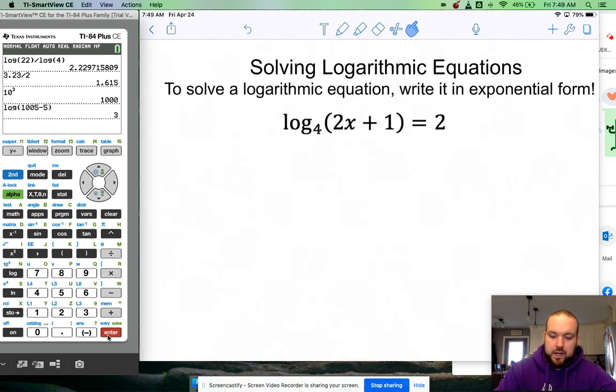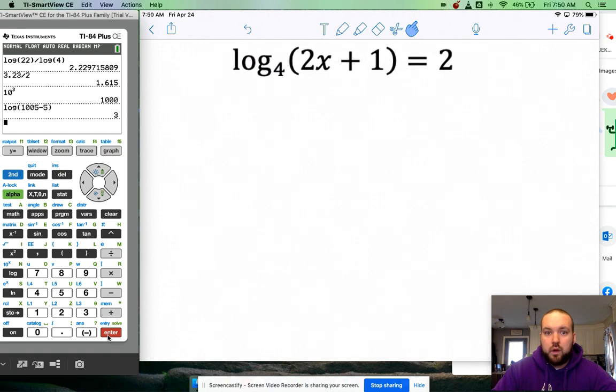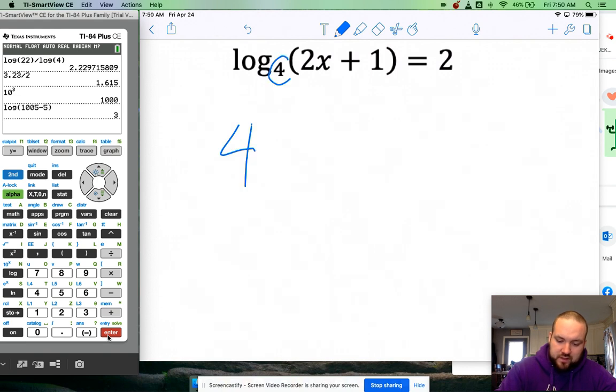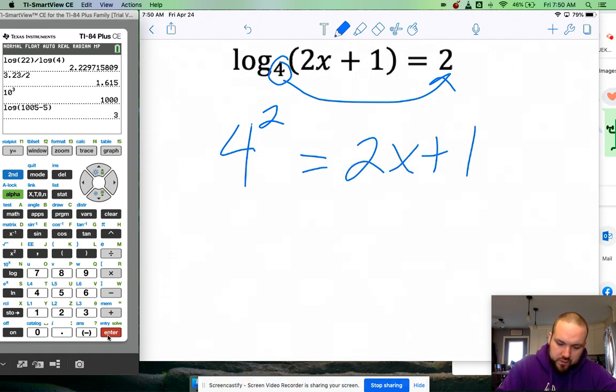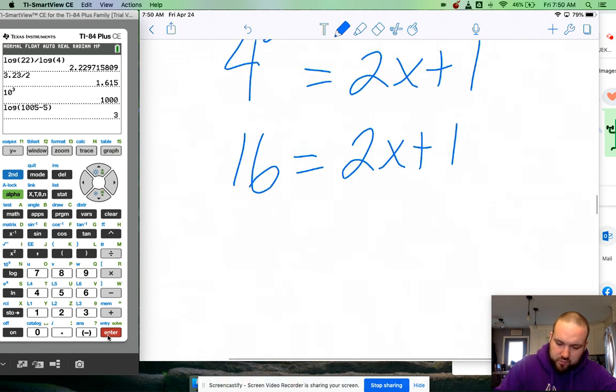Okay. Same idea, another log equation, but now the base is given to us. The base is 4. So I'm going to go 4 raised to that power is equal to my argument of 2x plus 1. So 4 to the second power is 16 equals 2x plus 1.